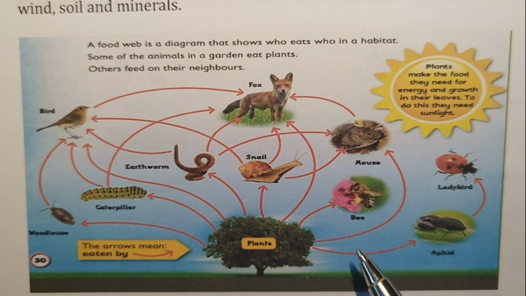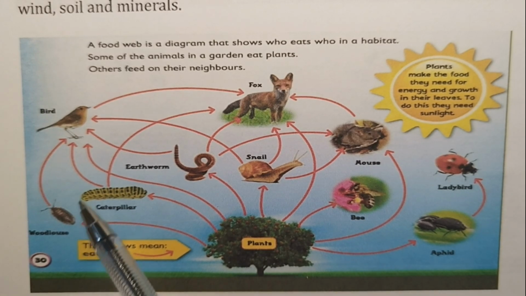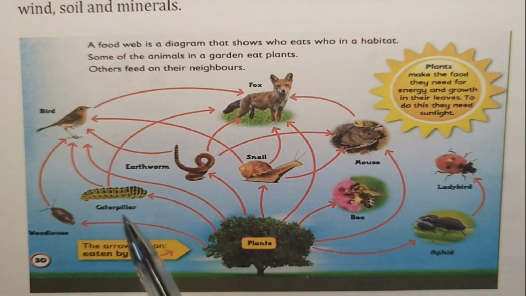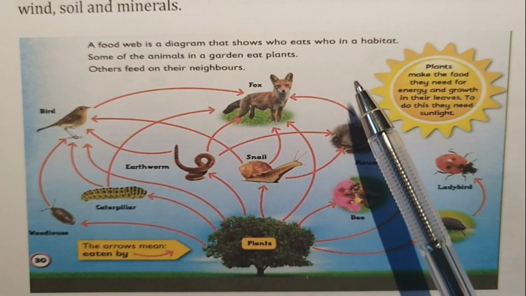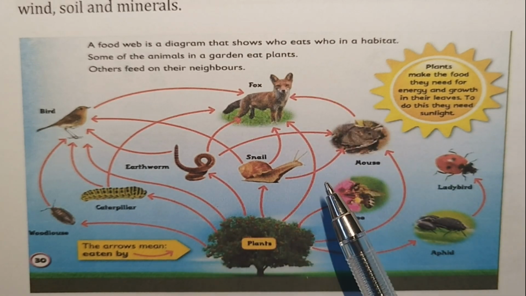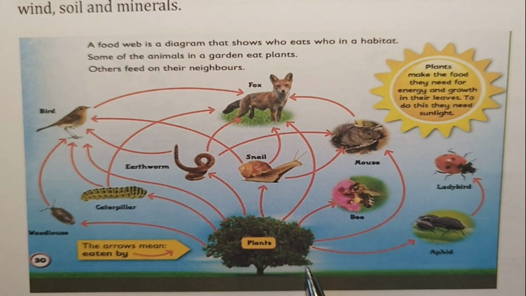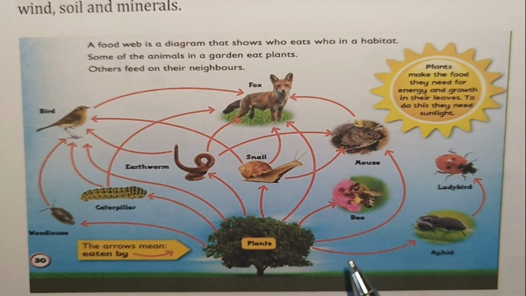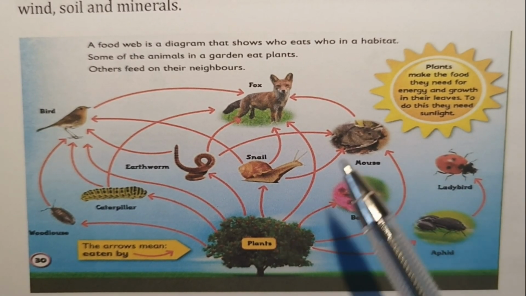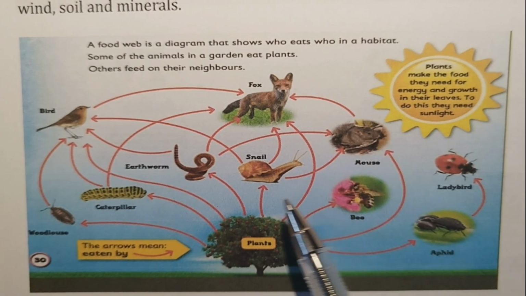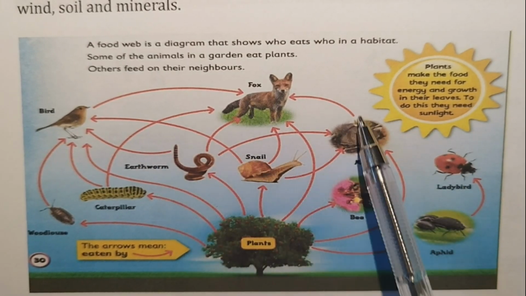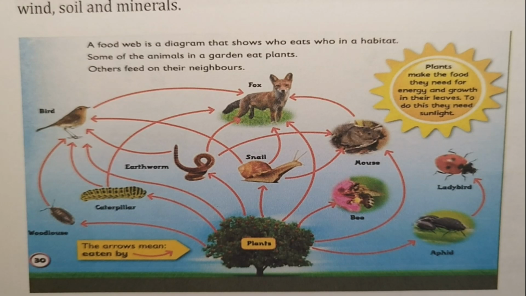This ecosystem lies in this environment, so it is affected by the rainfall, wind, temperature, soil, minerals in the soil, water, all these components. That is the abiotic component, and the biotic component is obviously whatever is living.